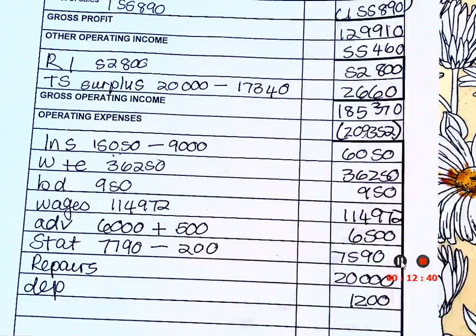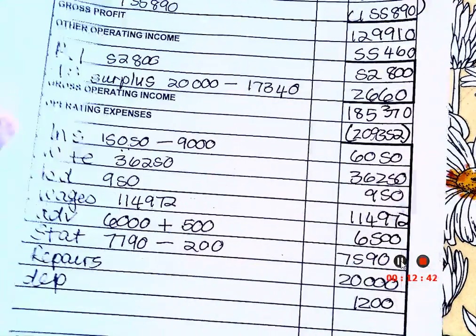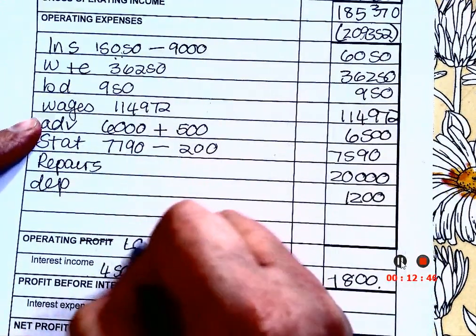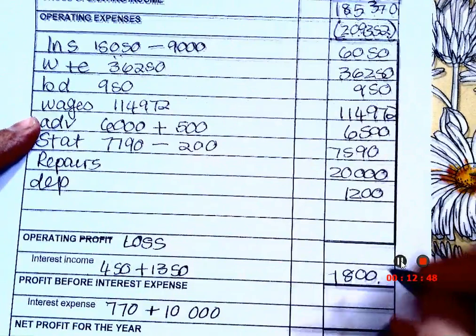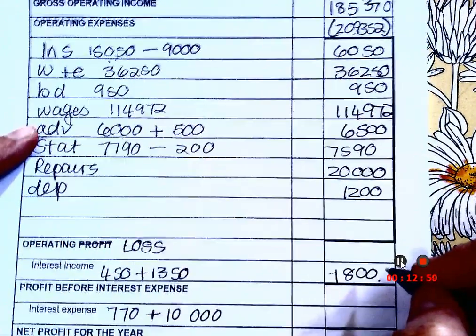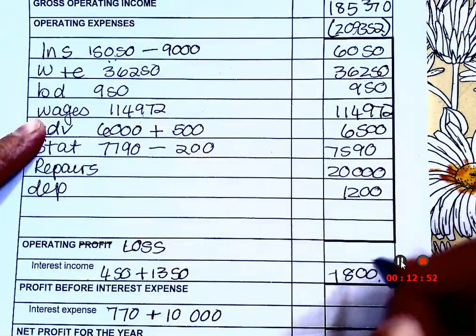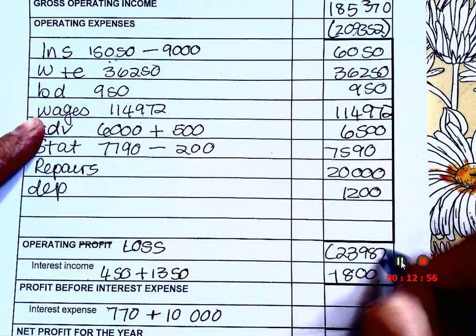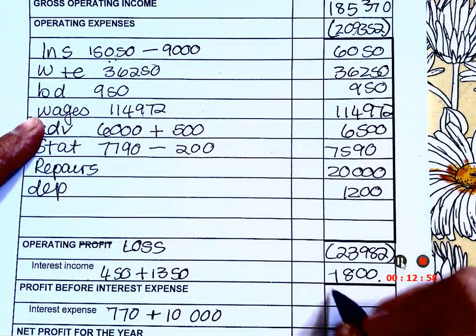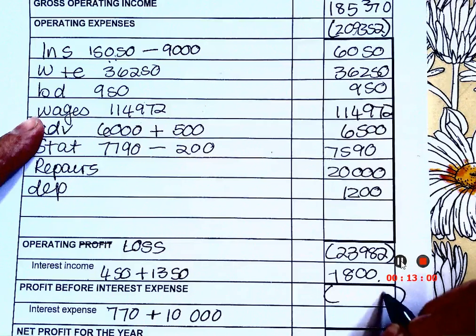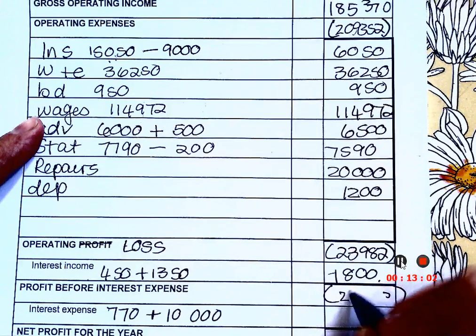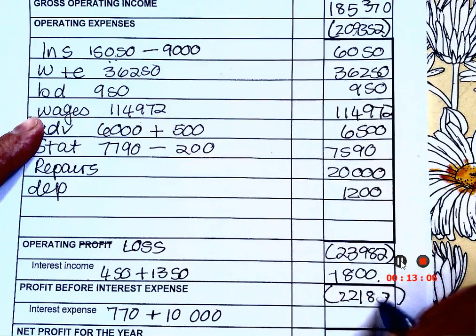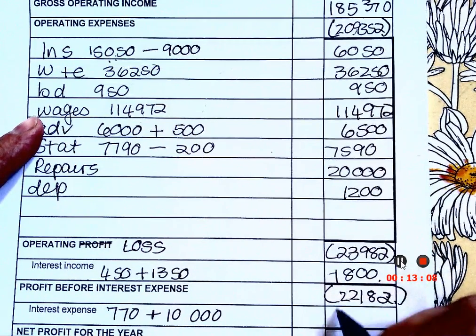Can you see an operating loss of how much? Okay, add 1008 gives me negative 22182, like that. Okay, interest expense is going to be 10,770.